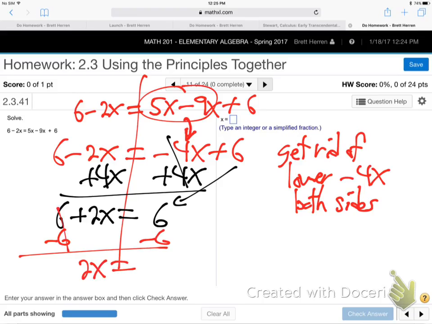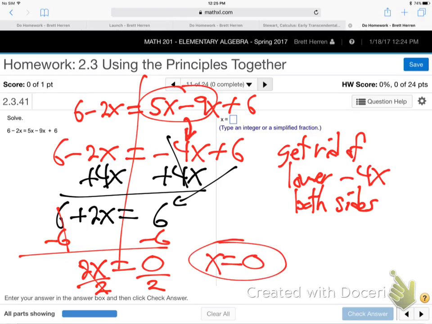So 2x is 0. It's kind of weird, huh? It's okay, though. Just keep moving. What's always the last step to get x alone? Always. Divide by whatever's next to x. So what is 0 over 2? It is 0. 0 in the top of a fraction is just 0. There we go.